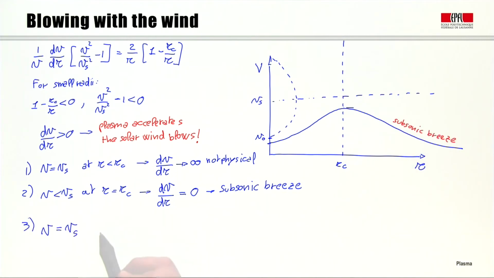The third family of solutions represents the supersonic solar winds.